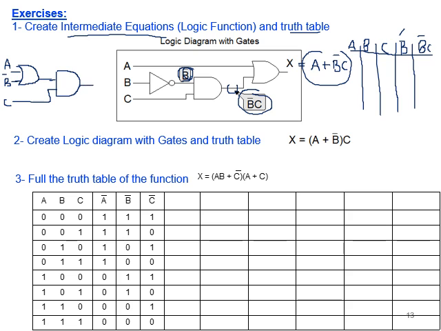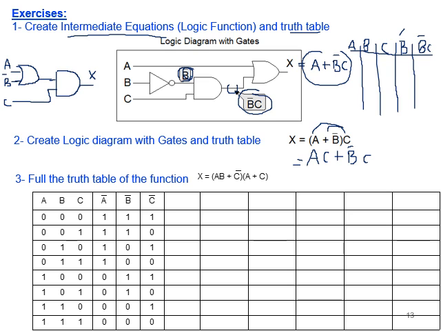This is the output, which gives me X. Or you may say, let me use the distributive property of a Boolean expression, and then it will be equal to AC plus B dash C. So you see here, an OR with two inputs in this way.